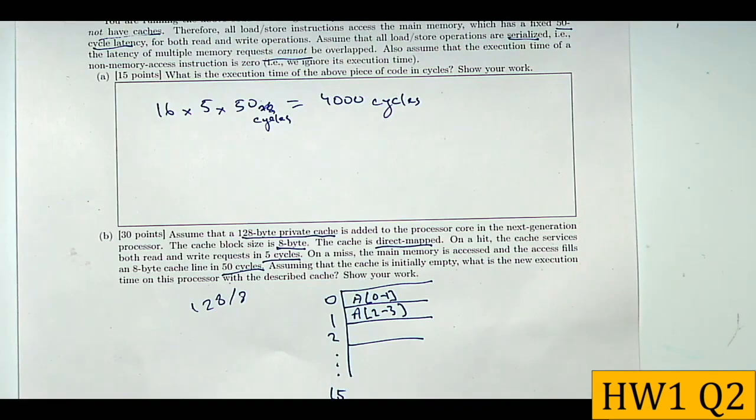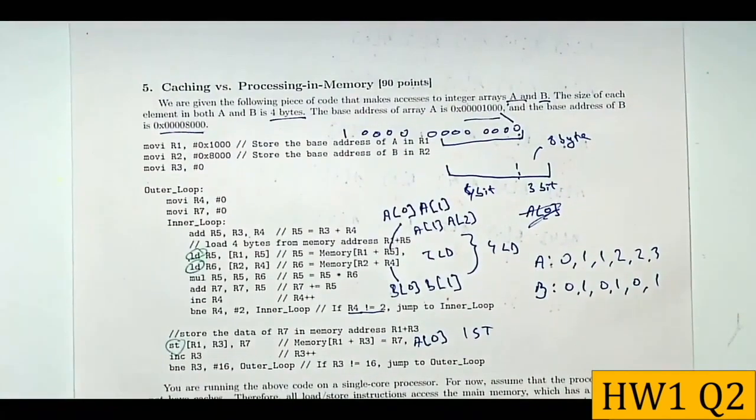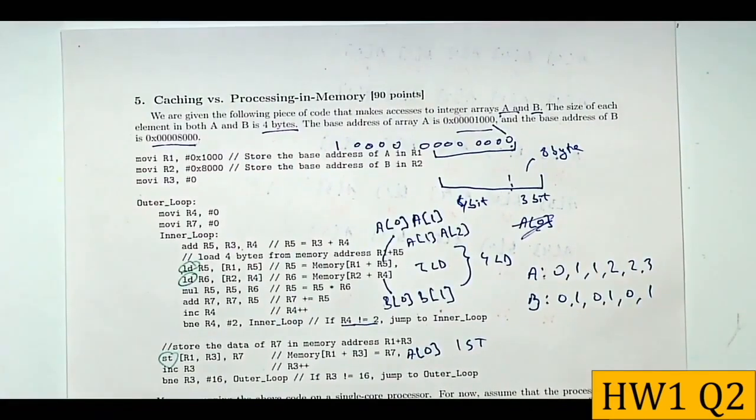Yes. But here you're assuming that the memory is word addressable. No, it's byte addressable. But if you see in the code, for example, if you assume R2 is 1 and R4 is 8000, the address would be 8001, whereas to access B of element 1, it should be 8004.